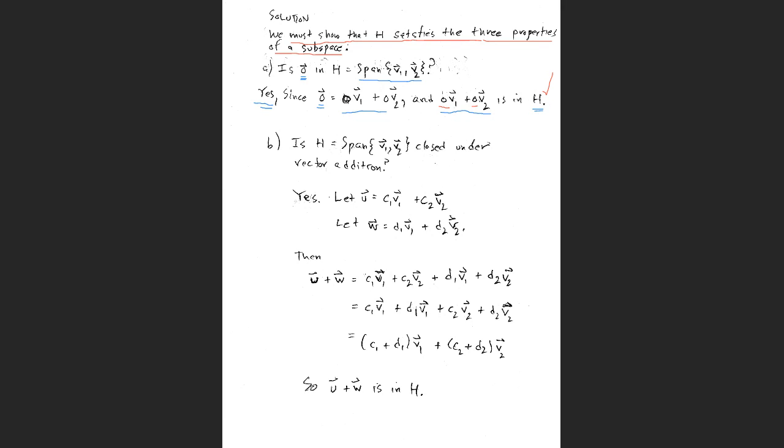Okay, well, the next thing we need to ask then is, is this space H closed under vector addition? That's the second condition that we need for a subspace, that the space is closed under vector addition.